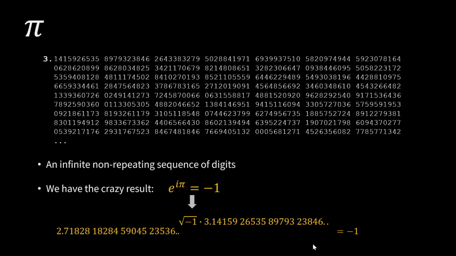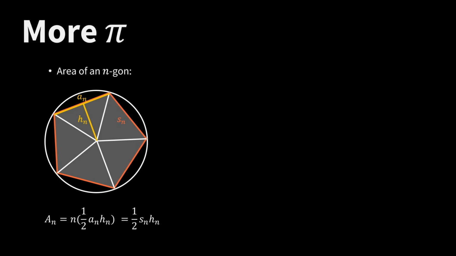Isn't this fascinating? Let me show you another fascinating fact about pi. We want to know the area of an n-gon. An n-gon is a shape that has n sides of equal length. We assume that the corners of the n-gon are on the unit circle. Now we want to know the area. Let's call the length of the sides a_n.